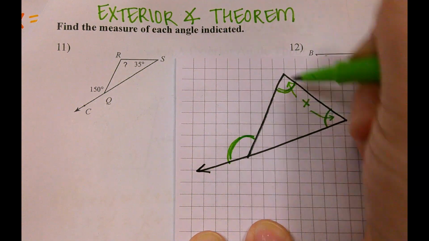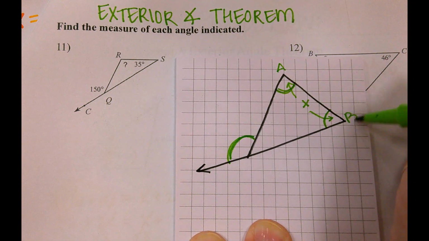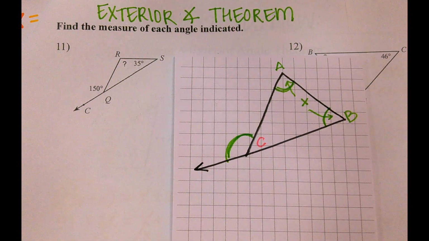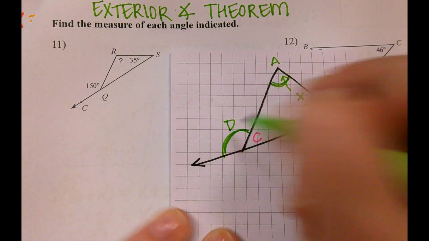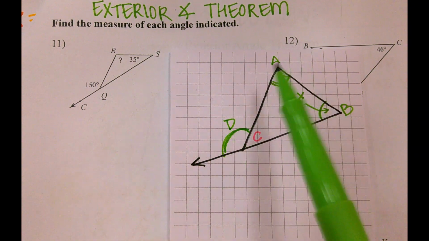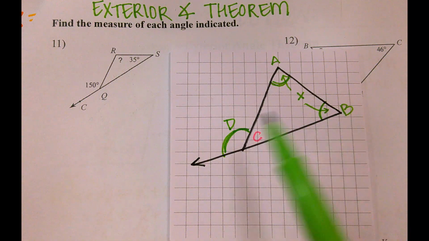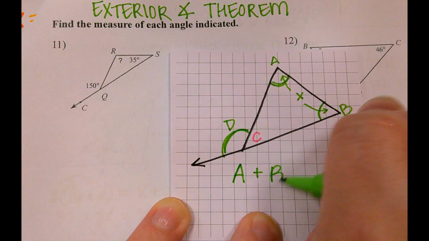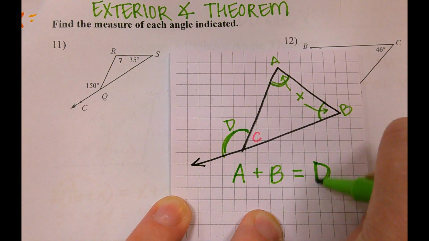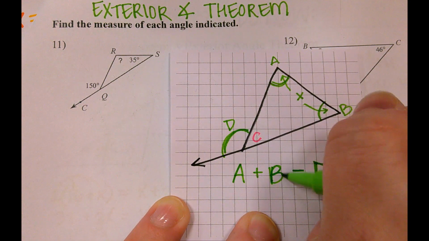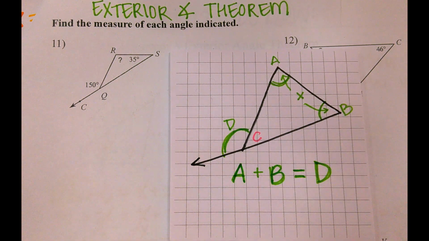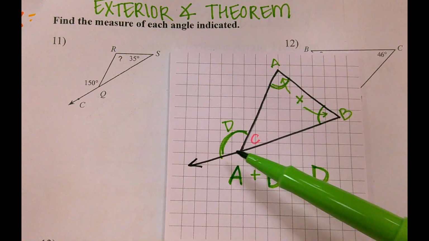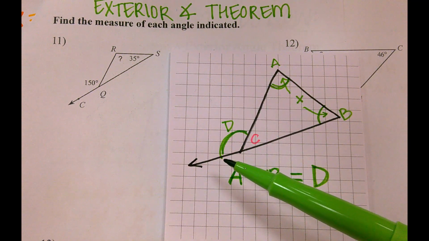So if this was A, B, C, and D, we could say that A plus B equals D. We know which angles are A and B because they are the ones that are not touching the exterior angle.